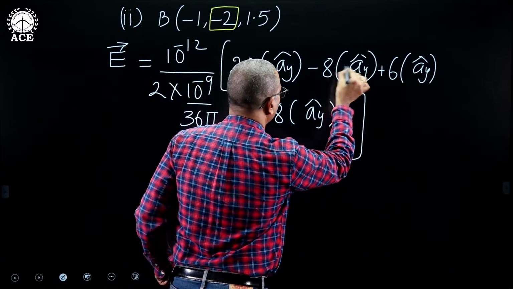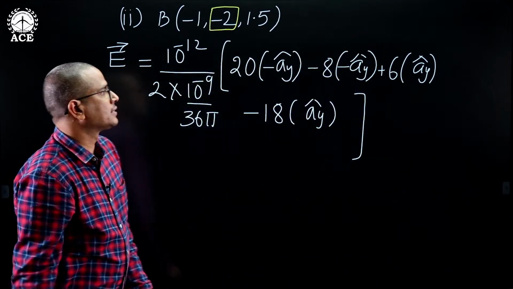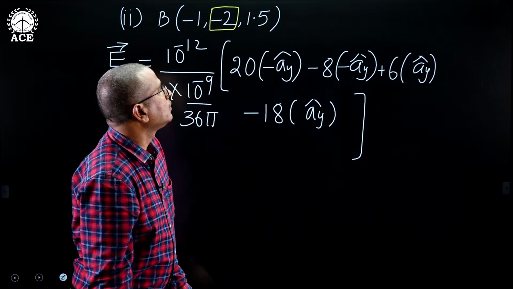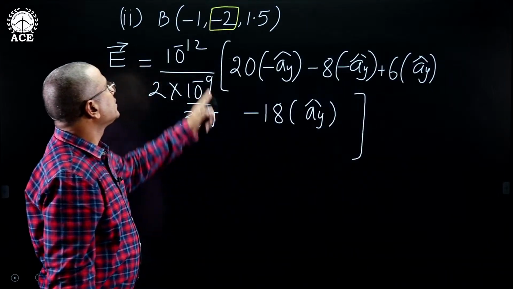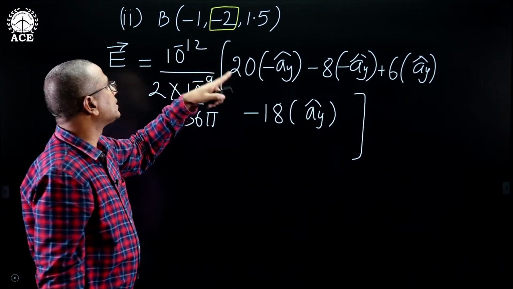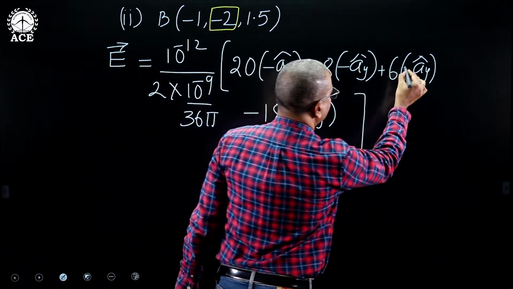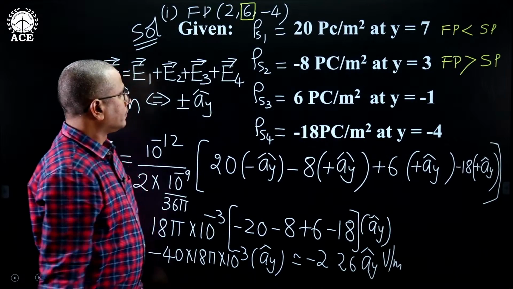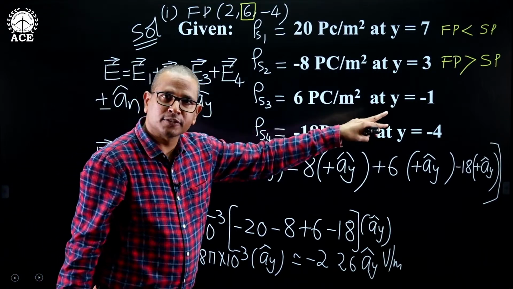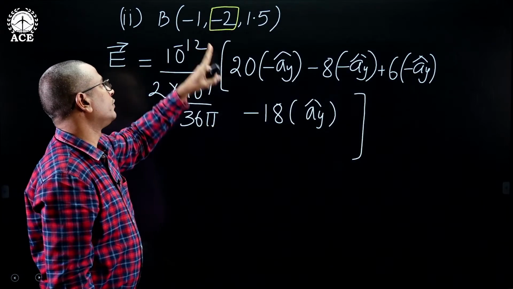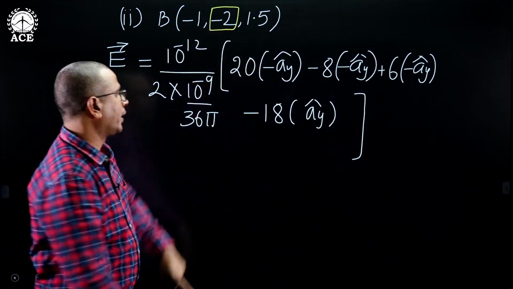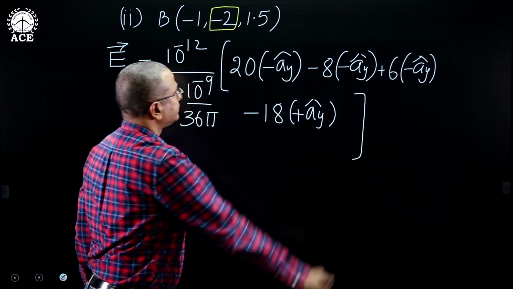The field point is less than the source point, then minus sign. The third one is located at y equal to -1, your field point is at -2. The field point is less than the source point, then minus sign. And the fourth one, source is at -4, field is at -2. The field point is greater than the source point, then it is plus.